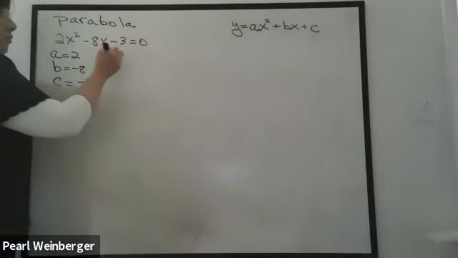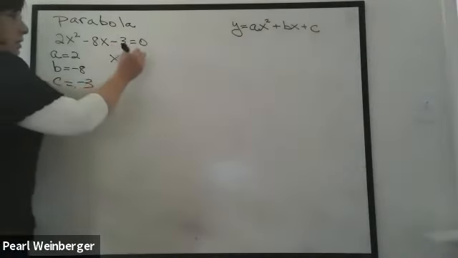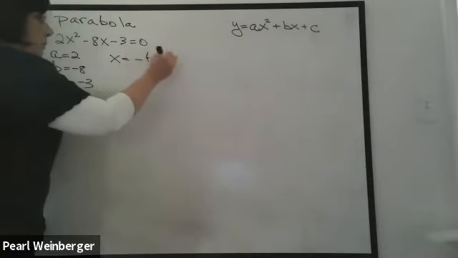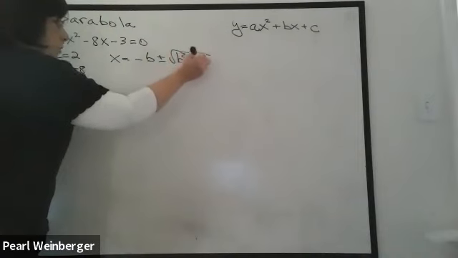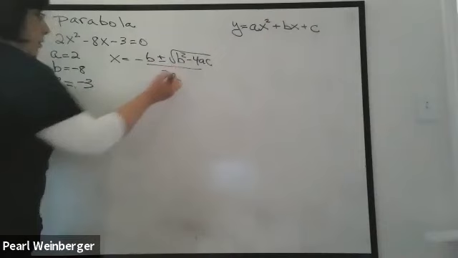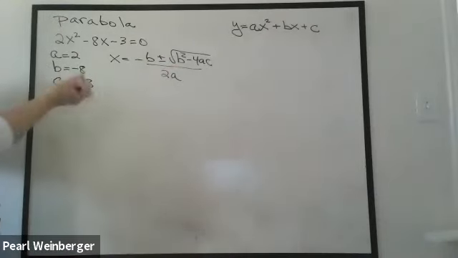And my quadratic formula is x equals negative b plus or minus the square root of b squared minus 4ac, all over 2a. And I'm going to substitute these numbers.